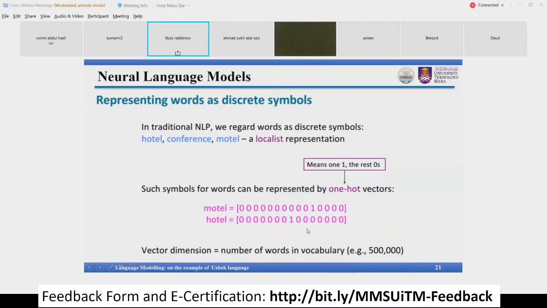For example, if the vocabulary has 500,000 words, then the hotel vector dimension is 500,000, and it is very large.